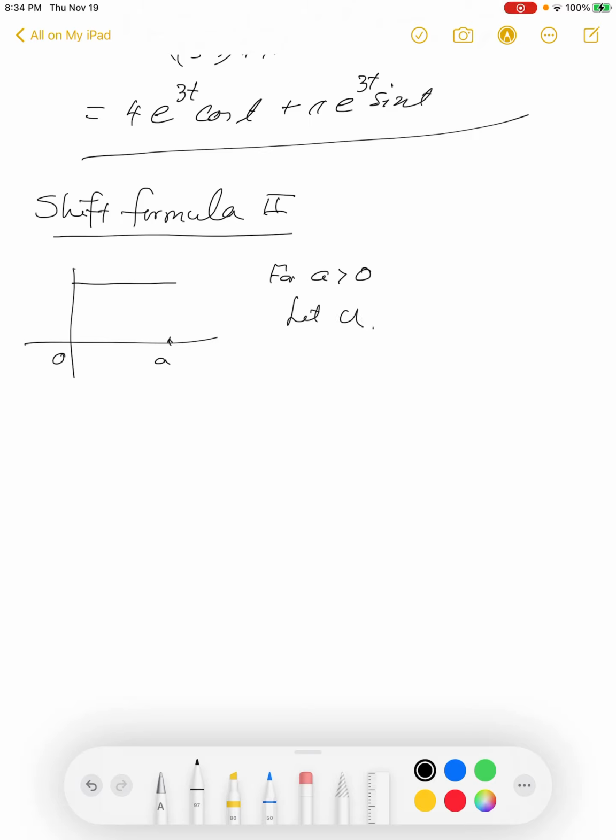Let us define a function u sub a to be 1 if t is between 0 and a, and 0 after a. No, I'm sorry, I made a mistake. This is not u sub a. So let me start with: u sub a is 1 after a and is 0 before a.